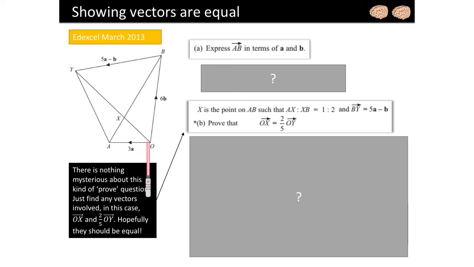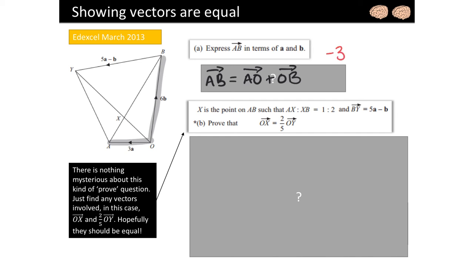A, O, O, B. So AB can be represented using AO plus OB, which we know AO is minus 3a plus 6b.